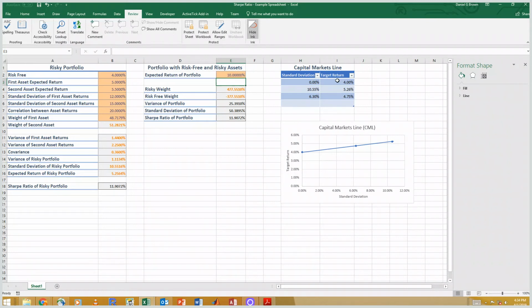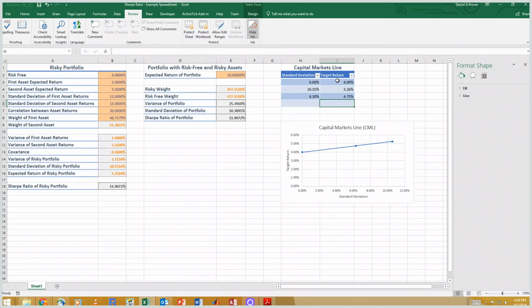We borrow money at the risk-free rate and invest that money in the risky portfolio. So we have to borrow 377% of our investment at the risk-free rate of 4%, and we invest all of that into the risky portfolio.